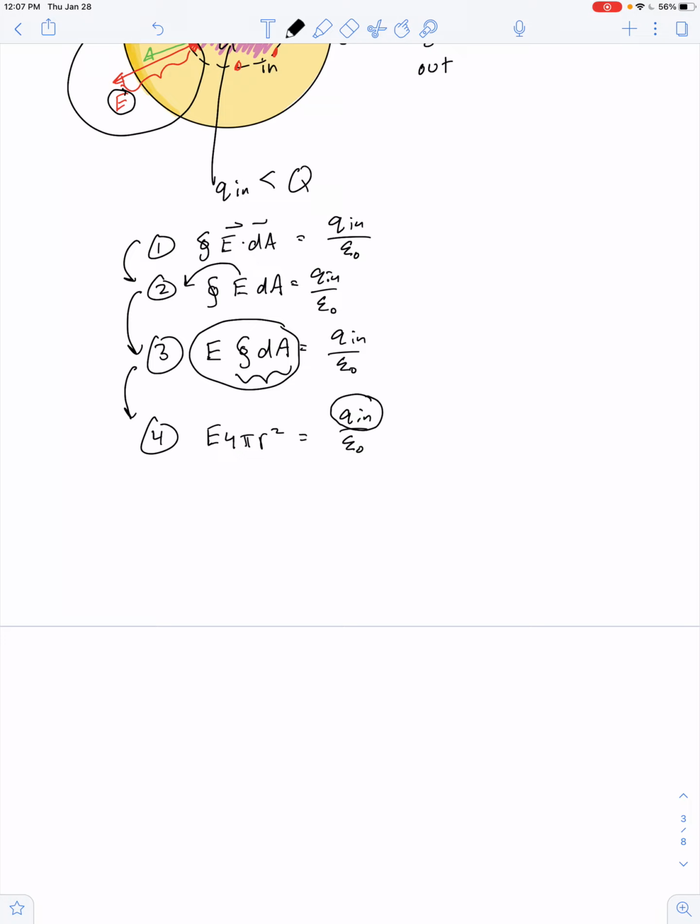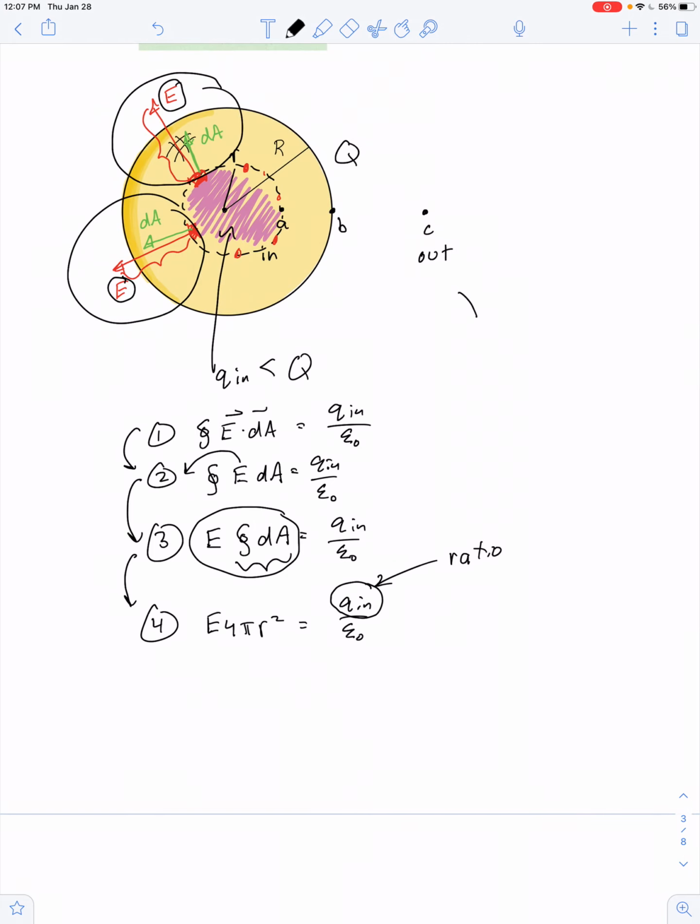time evaluating how much charge is inside. Well, I think we can determine that in terms of a ratio, right? We're not talking lambda. We're not talking sigma. We're talking rho as a way of describing the density of charge. So if we took all of the charge Q and divided it by the entire volume of the sphere, that would be Q over 4/3 pi capital R cubed.